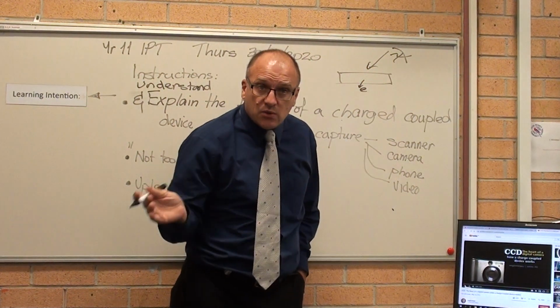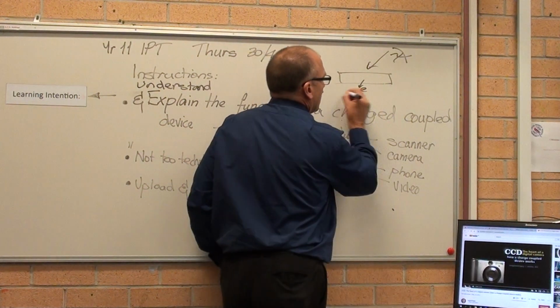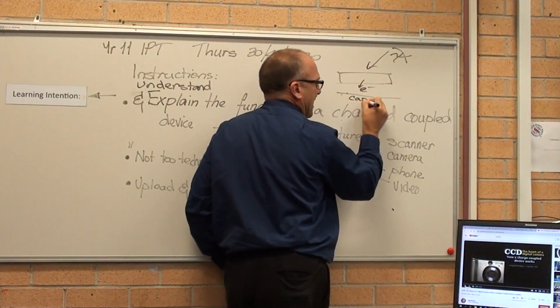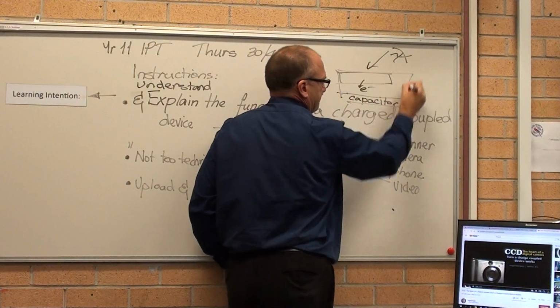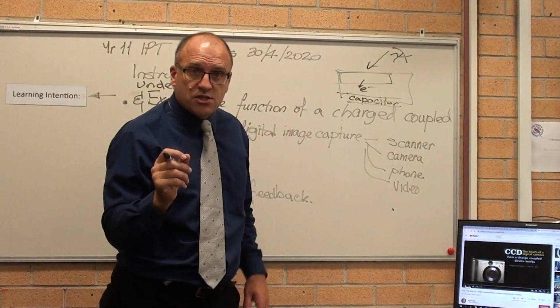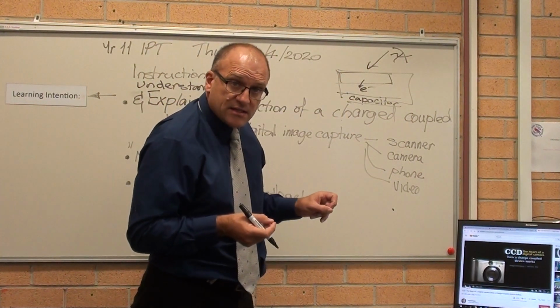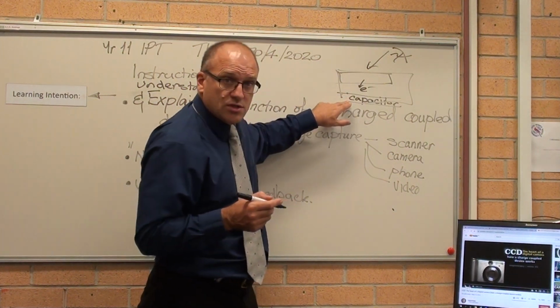More photons equals more light equals more electrons get knocked out. Those electrons get stored underneath in what's called a capacitor. So it stores the charge. Every pixel has a little bit of silicon and a little capacitor. So that capacitor stores the charge.